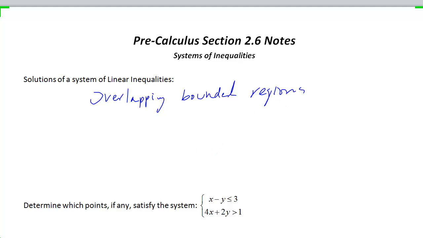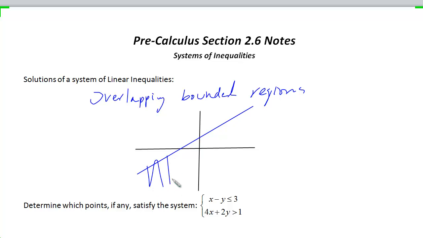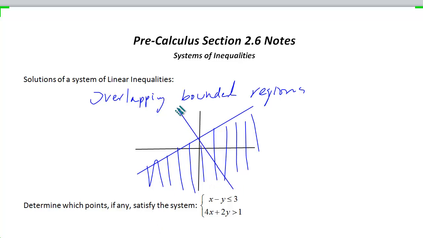So if I have, say, my x and y axis, and I have some sort of equation here, and this perhaps gets shaded below, and I have a second equation off in this direction.